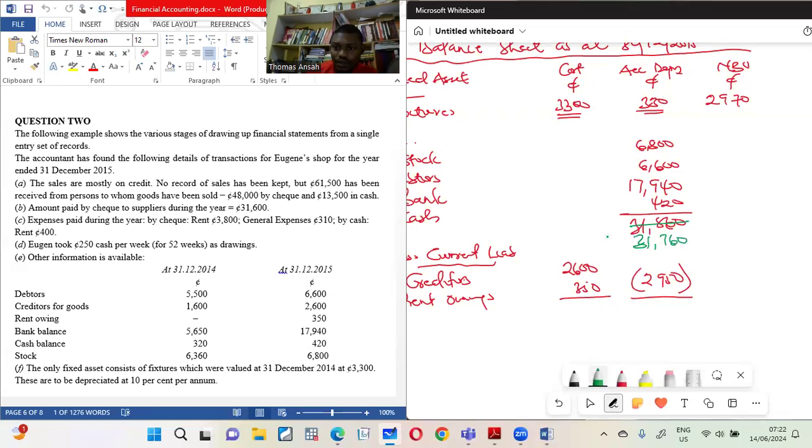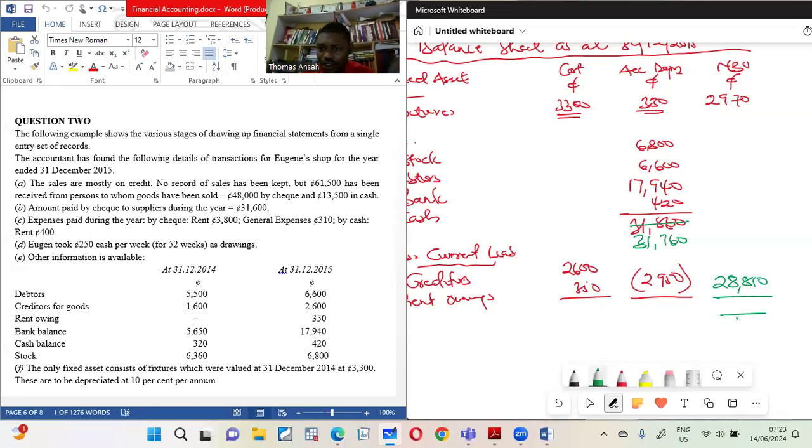I see 6 making this one 4, the 9 making it 13, then this making it 17. Looking at it again, there was a little problem. So when I now less my 2,950, what I get is 28,810. You have to be very careful.